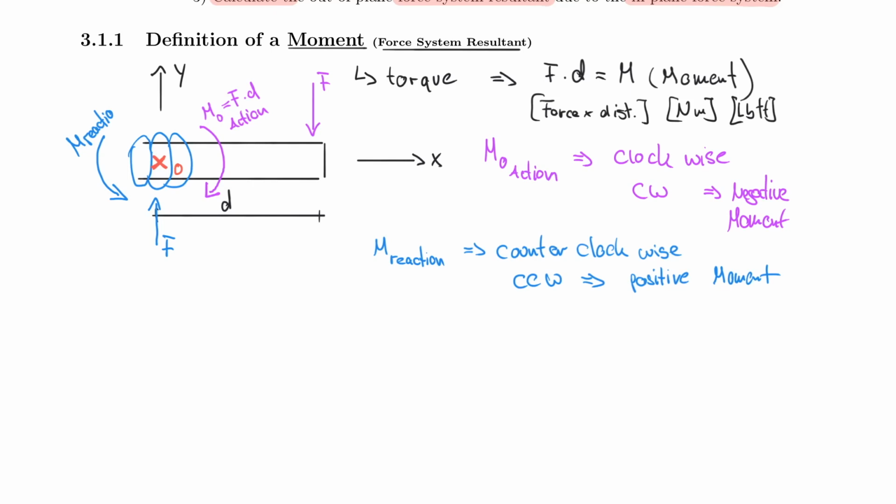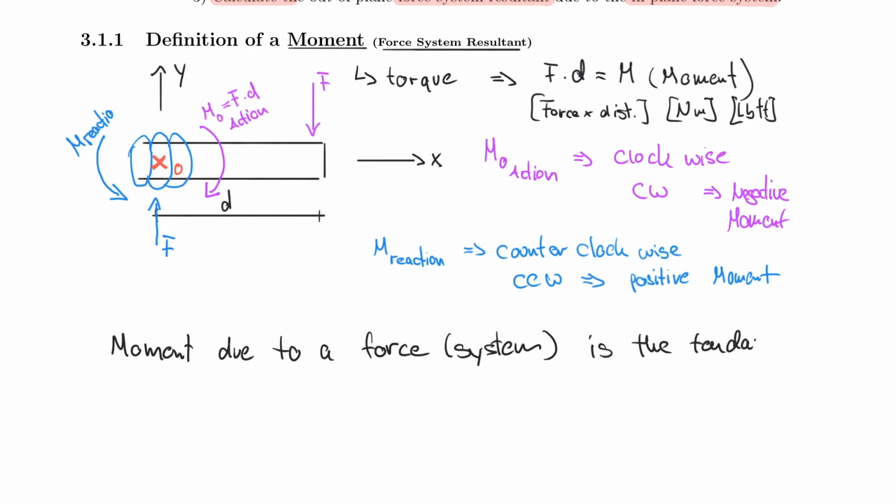So the moment due to a force, and in reality I should say force system resultant, or system, I guess, due to a force system, is the tendency, and tendency is the important word here, of the force to rotate the system.